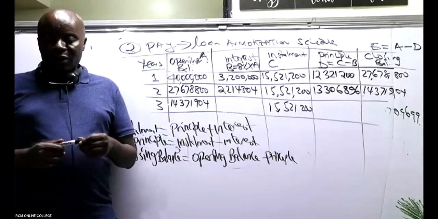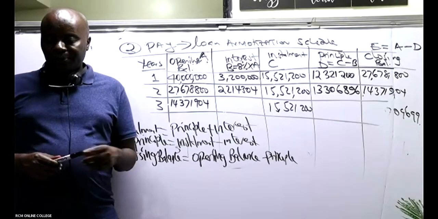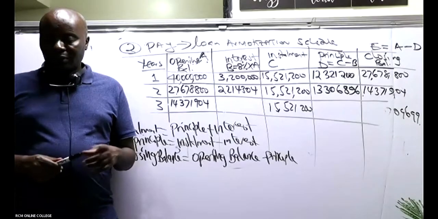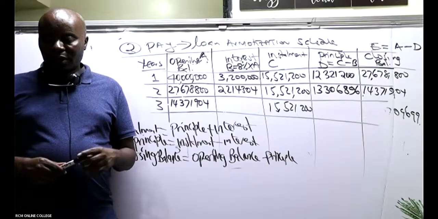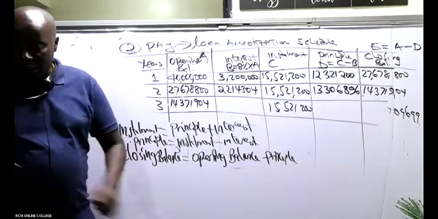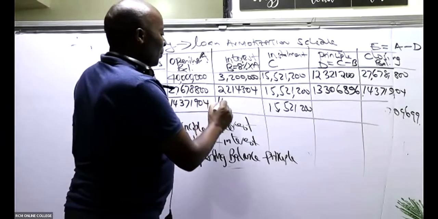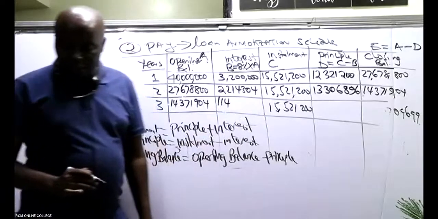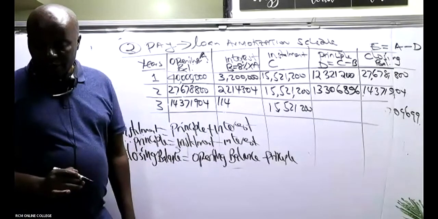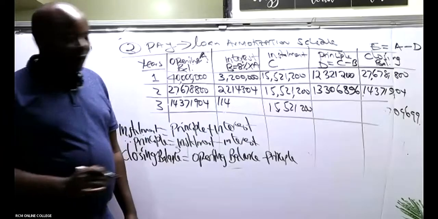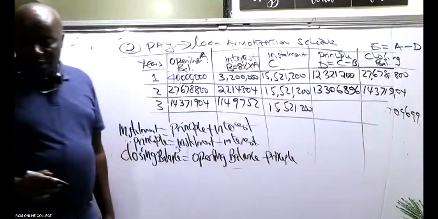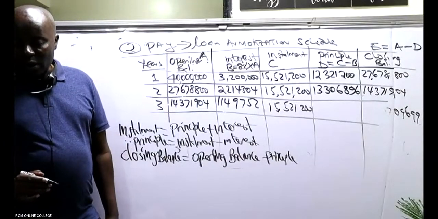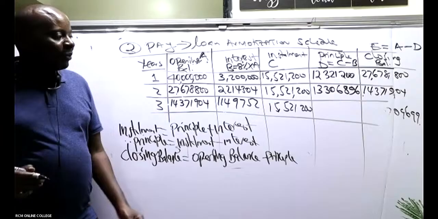So then are you able to give me the interest for year number 3 as we finish? So we have here 1,149,752 point something, right?